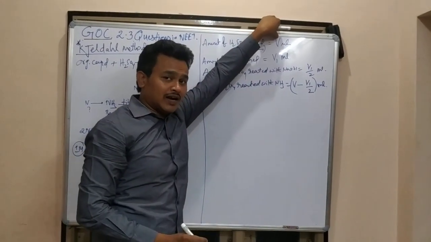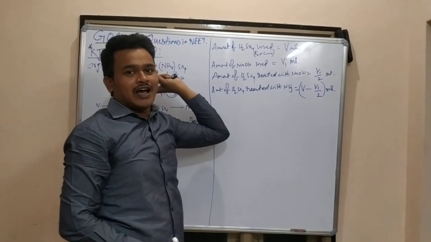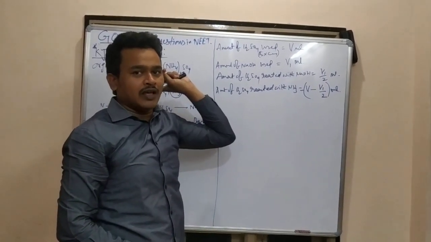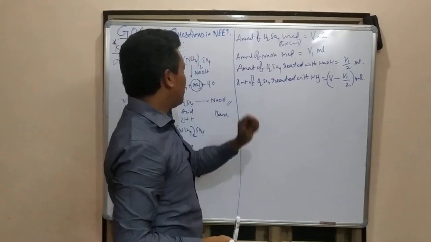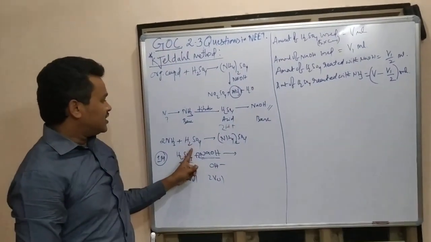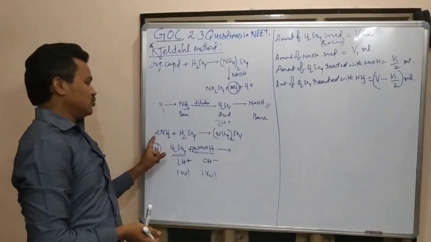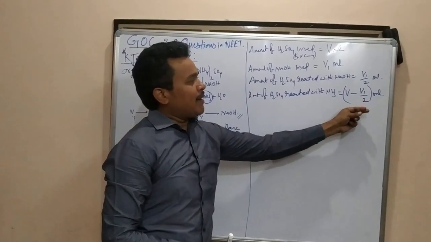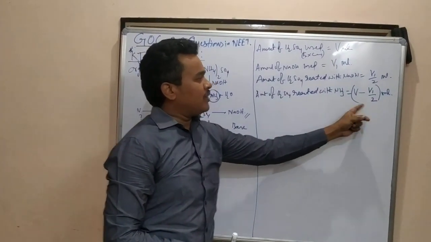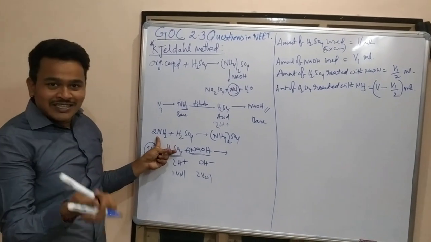V minus V1 by 2 ml, what is that? This much ml reacted with ammonia. So this much H2SO4 I use to react with ammonia. 1 mole of H2SO4 means 2 moles of ammonia. This many ml of H2SO4 means double the amount of ammonia released in the process.